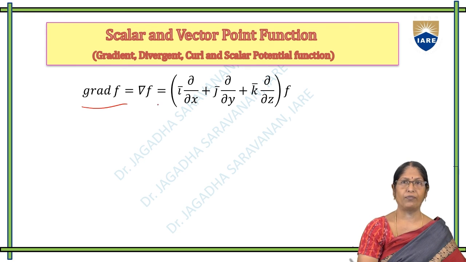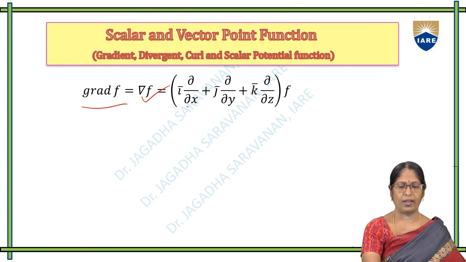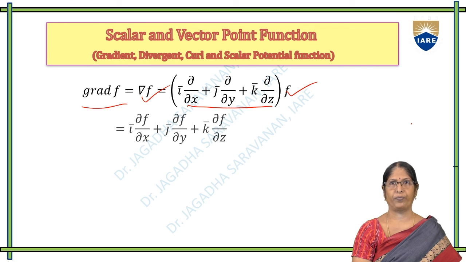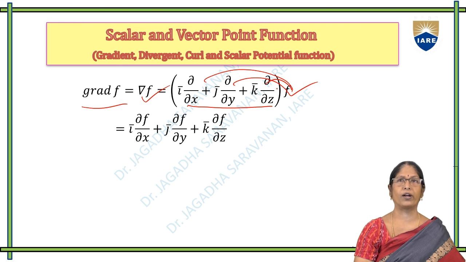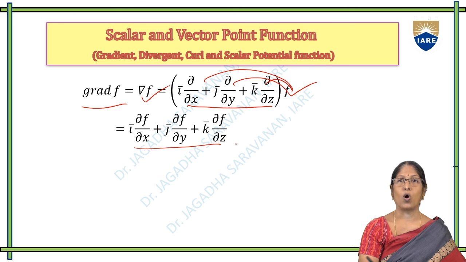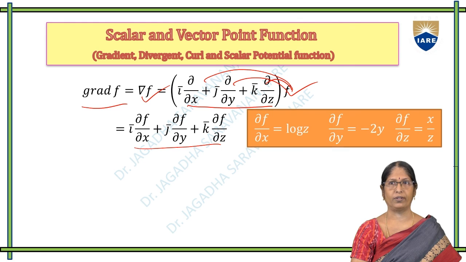So grad f, mathematically with the notation and the gradient formula, del f. We have taken the f, the vector function, to the particular places and it occupied its positions. Afterwards, i dou f by dou x plus j dou f by dou y plus k dou f by dou z.